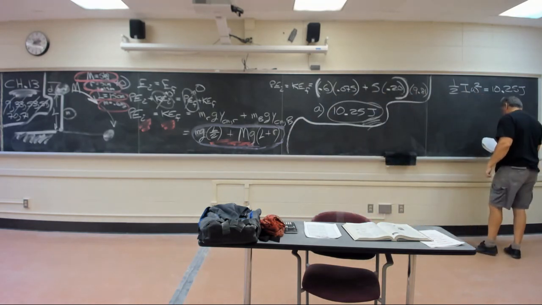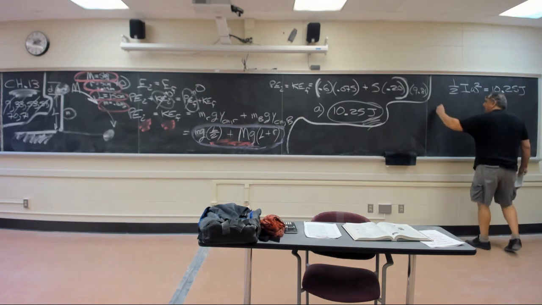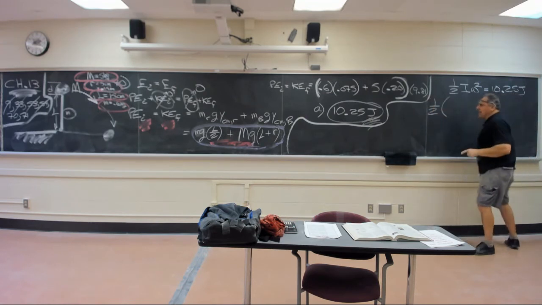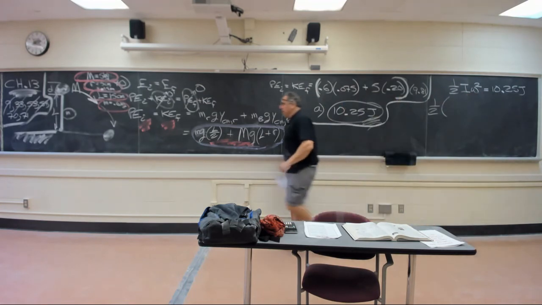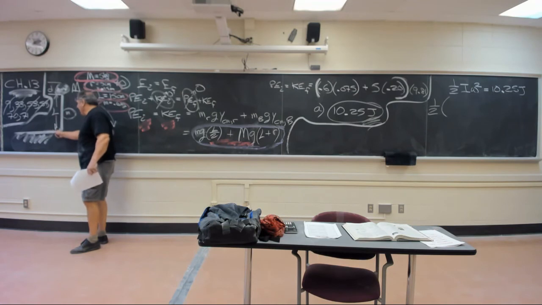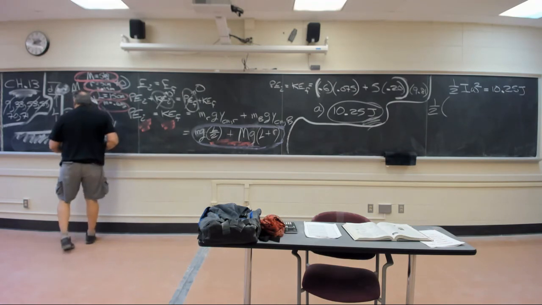All right, if that's the case, then let's be careful. Let's find what the moment of inertia is of the rod. The rod's of length L, we're finding the moment of inertia down here. I guess we'd have to look that up.